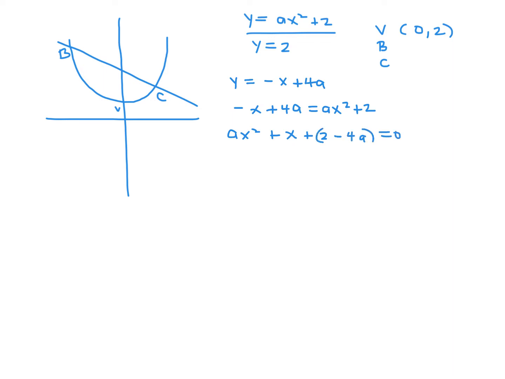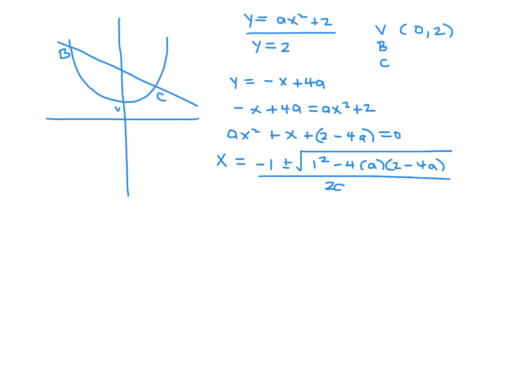So I'm going to use the quadratic formula, and I get minus 1 plus or minus the square root of b squared minus 4ac, all over 2a. When you simplify all this, you get minus 1 plus or minus the square root of 1 minus 8a plus 16a squared, all over 2a.